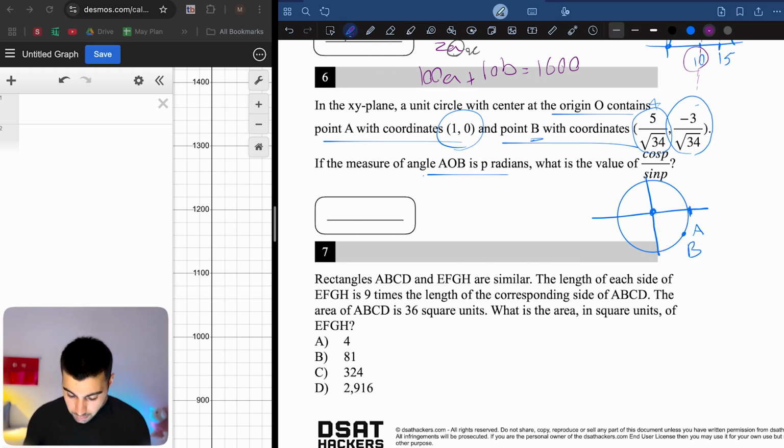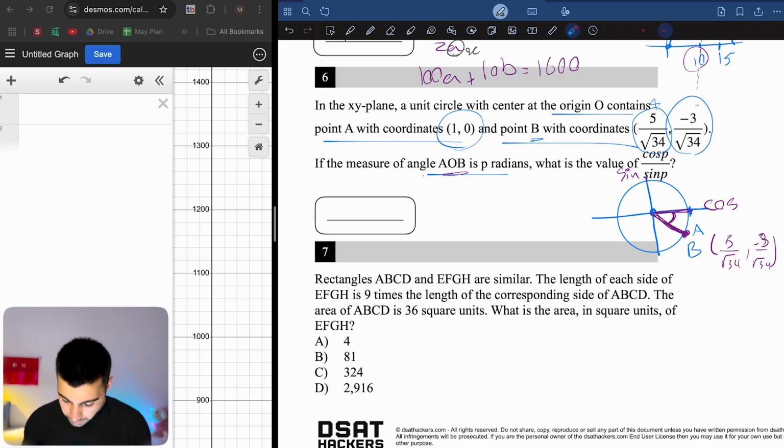Okay, so we're looking for the measure of the angle AOB in P radians. This is the angle we are looking for. How much is this in radians? In the unit circle, we know that the x-axis shows us the cosine, the y-axis shows us the sine. And this point B has coordinates of 5 over root 34 and negative 3 over root 34.